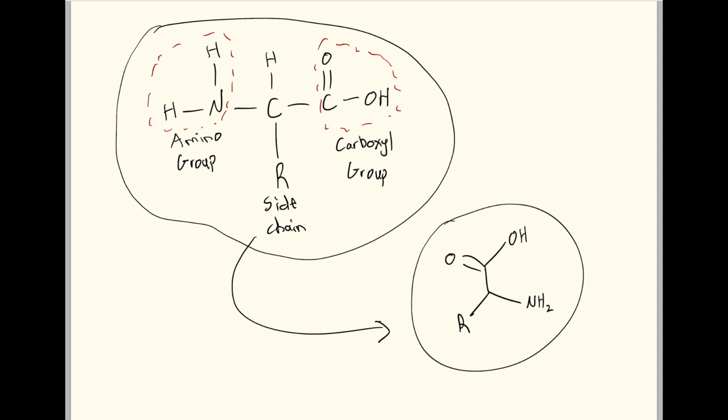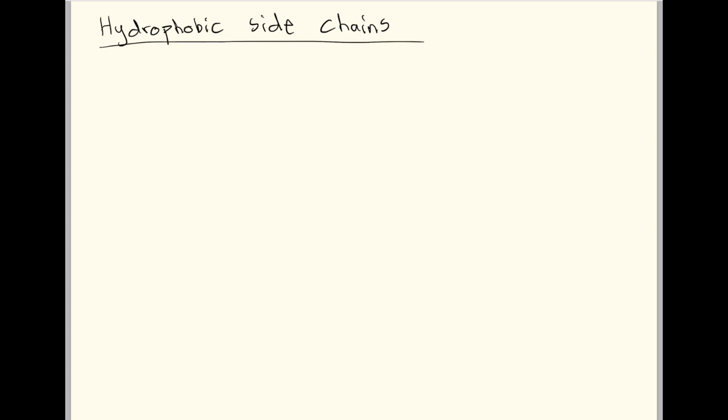The next thing we're going to do, as this is part 1 of the video, is mainly focus on the hydrophobic side chains. Okay, so here we go. I'm going to label this as hydrophobic side chains, and underline that.